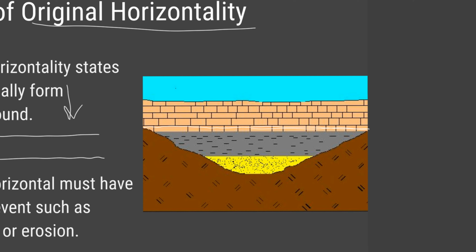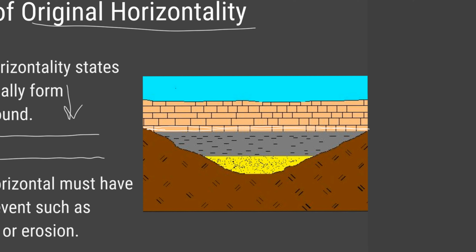It would have extended in a straight line all the way across. It must have been eroded away, whether by a glacier or a river or wind. Something weathered that rock material down and eroded it away. And then we see new rock layers formed on top of it.